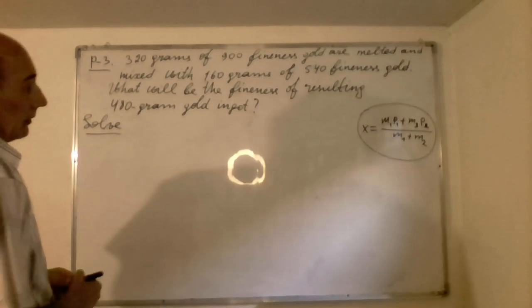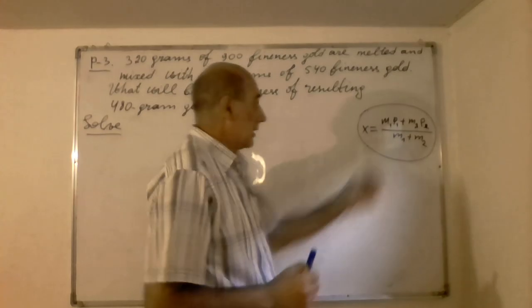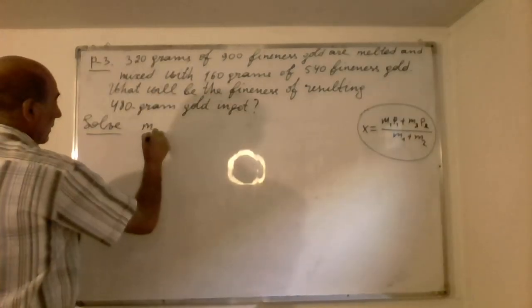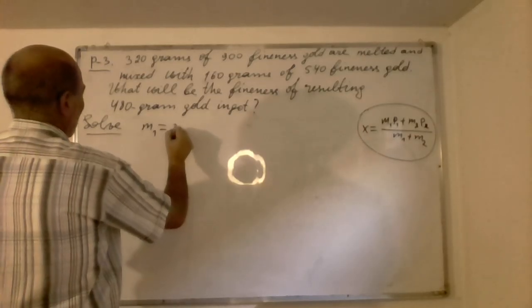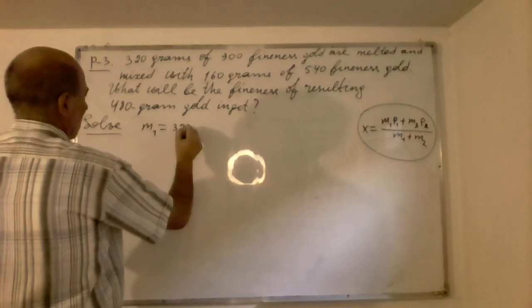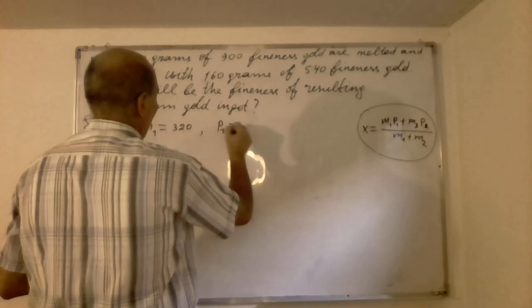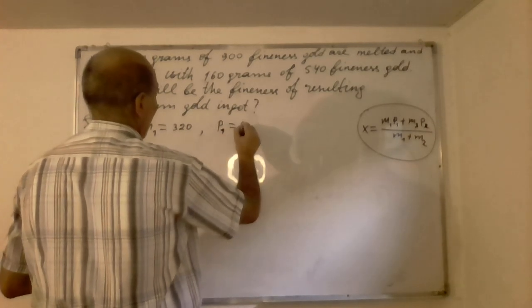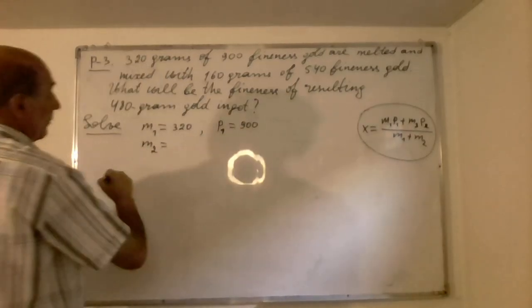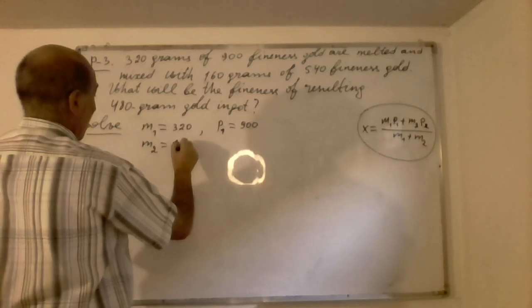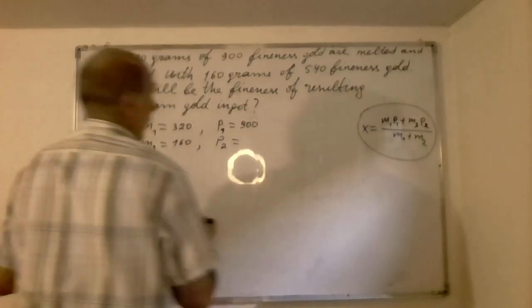With these conditions, m1 equals 320, p1 equals 900, and m2 equals 160, p2 equals 440.